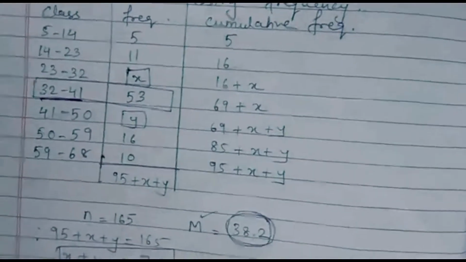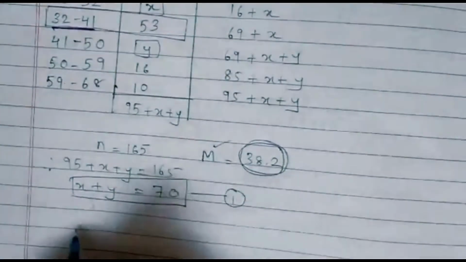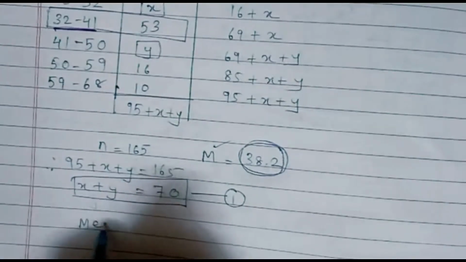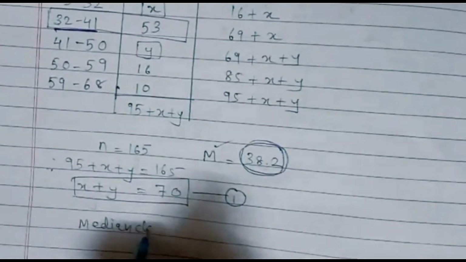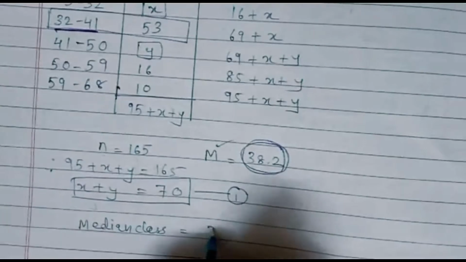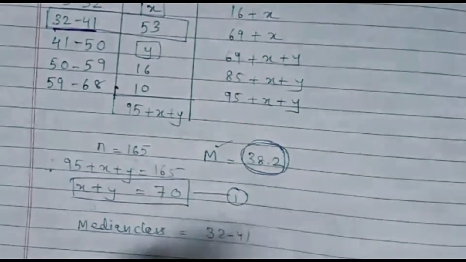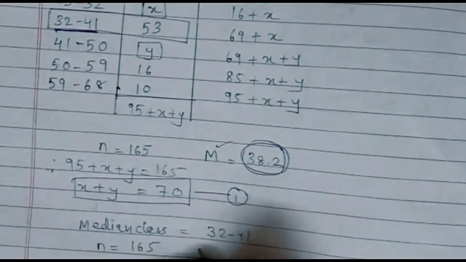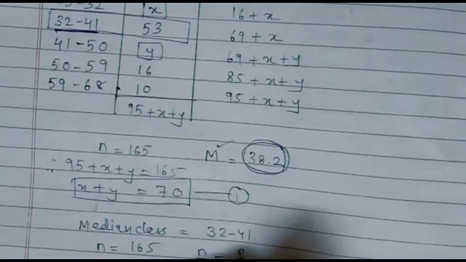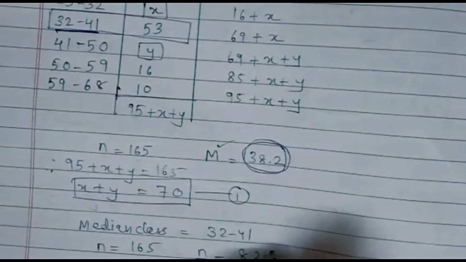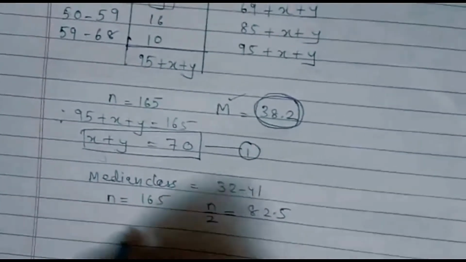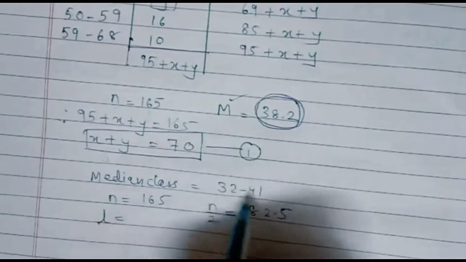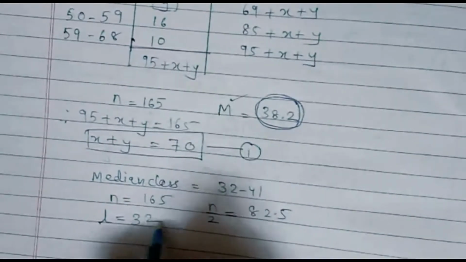So we will first write the data. Median class is equal to 32 to 41. As n is equal to 165, n upon 2 will be equal to 82.5. L, the lower limit as I told you, is 32.